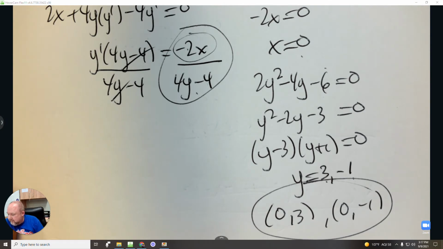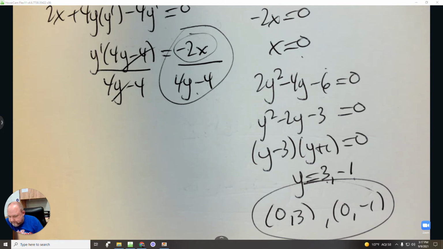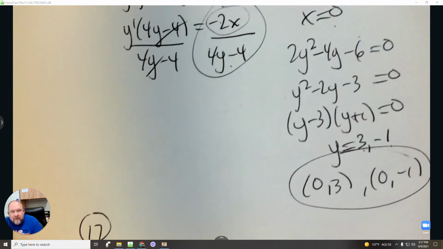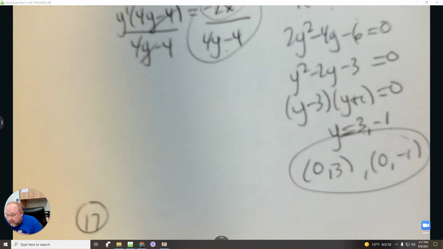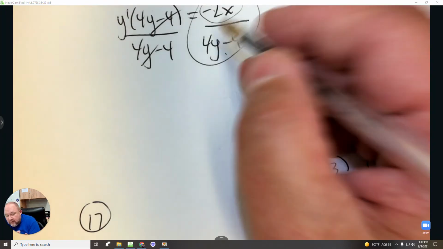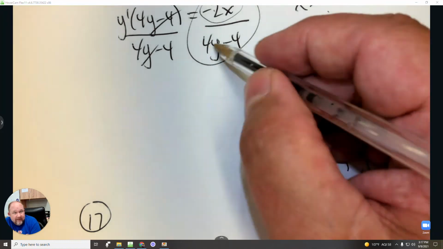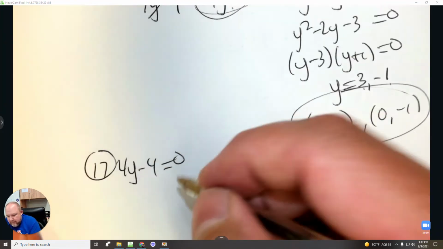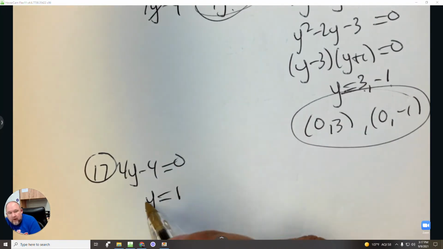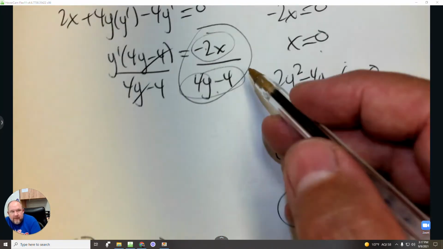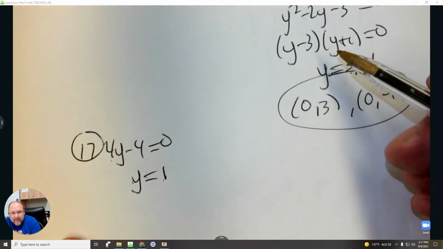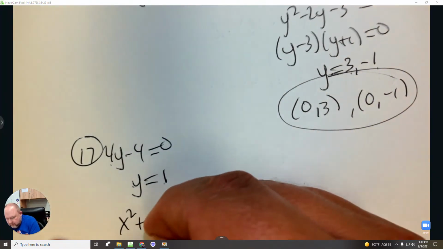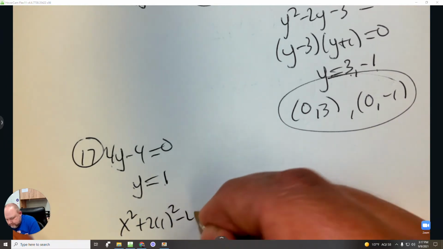All right, number 17. Same question in 17, but the question says a vertical tangent line. So vertical means the slope is undefined. So look at the denominator, make it equal to 0, and then solve it. So when y equals 1, the denominator is 0, undefined. And then take that answer and plug it back into the equation. So for y, you plug in 1.